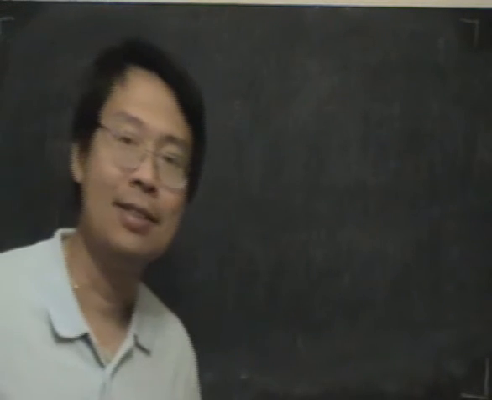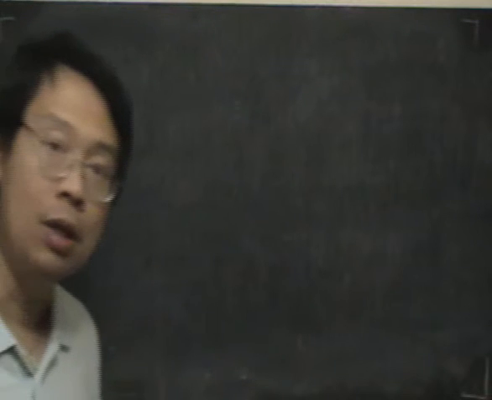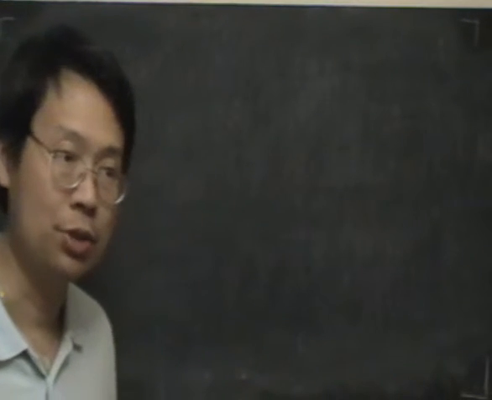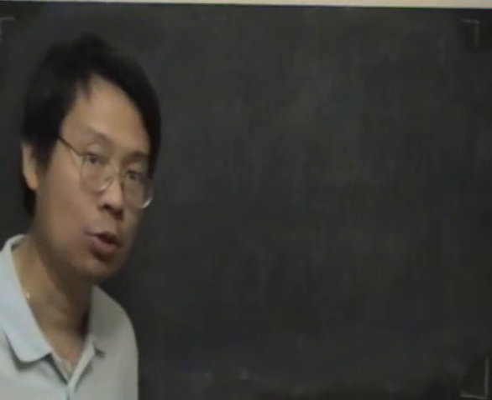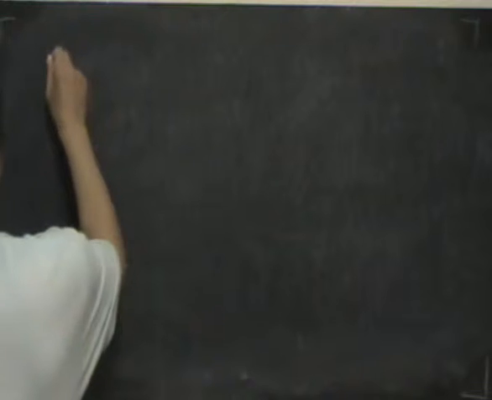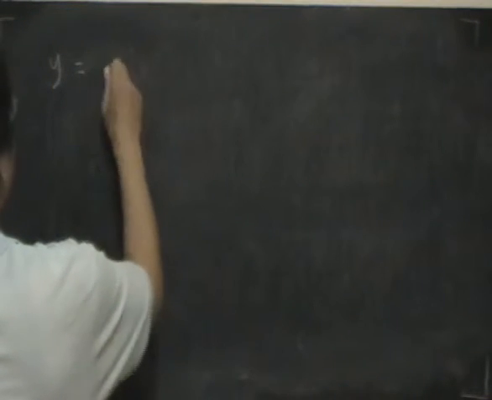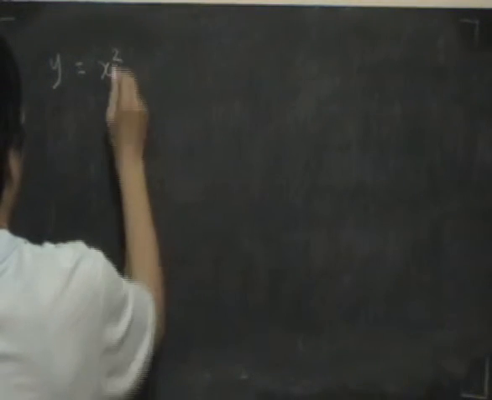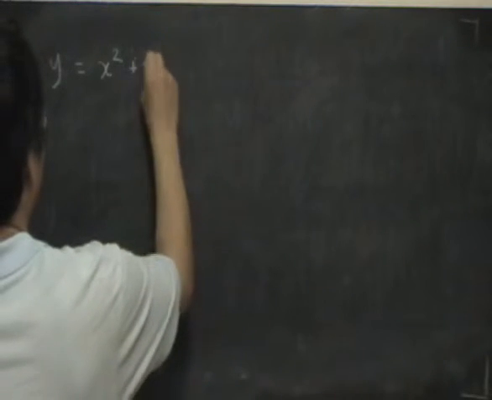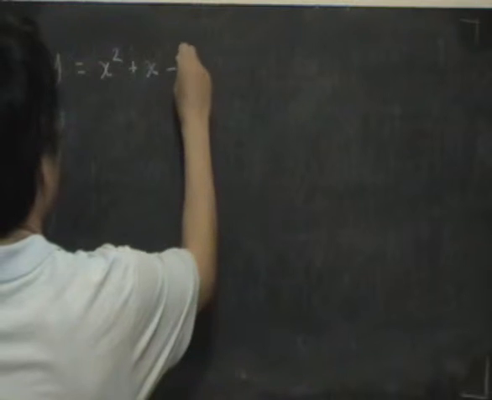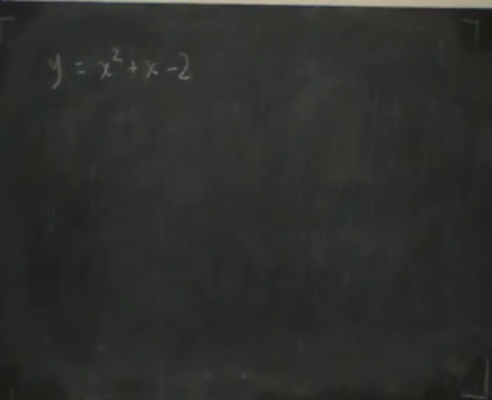Okay, next I'm going to talk about quadratic equations. I'm going to talk about graphs for quadratic equations. So let me start with one example. y is equal to x squared plus x minus 2.